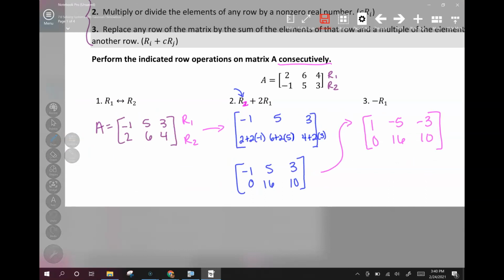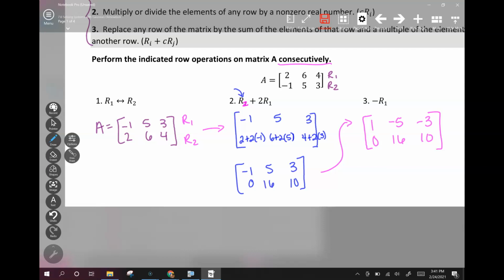When I switched row 1 and row 2, I did that because then that was going to give me at least something close to 1 in that first spot, which it has to be a 1 to be in row echelon form. And then you see in number 2, the reason I did that was to make this entry into a 0, because I know anything below that 1 has to be 0 for row echelon form.